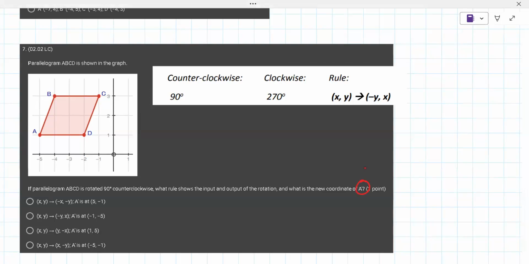So if you would switch that, it would be +1, -5. Right? Well, you tell me. A is -5, -1. So what is the rule here for 90 degrees counterclockwise? Well, you have to flip it. And since one's already negative, it would be a positive, right?